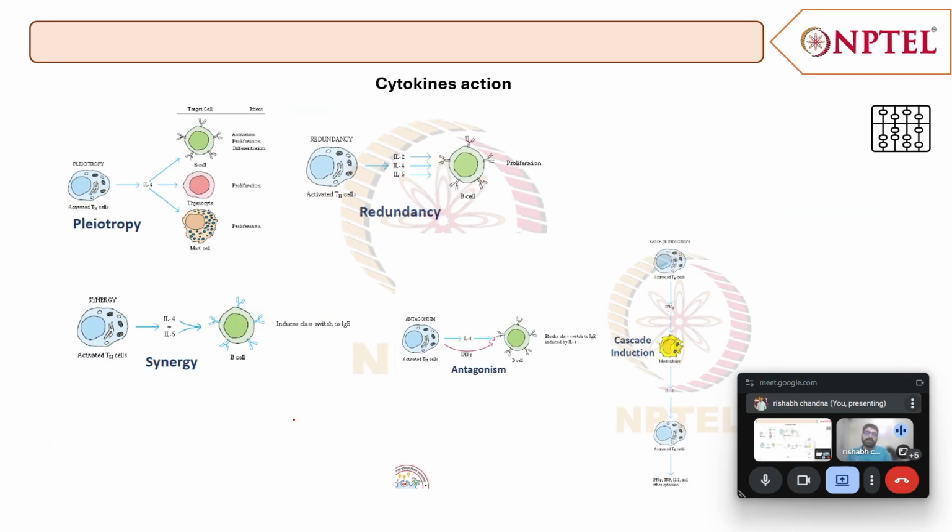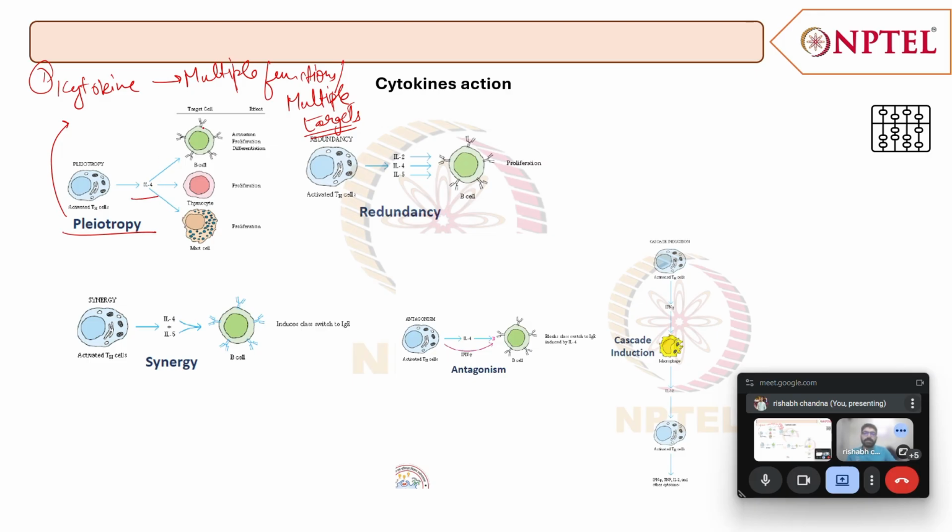So here are some of the functions of how a cytokine actually works. First is pleiotropy. That means one cytokine will have multiple functions, or multiple targets. Here is the example of IL-4.